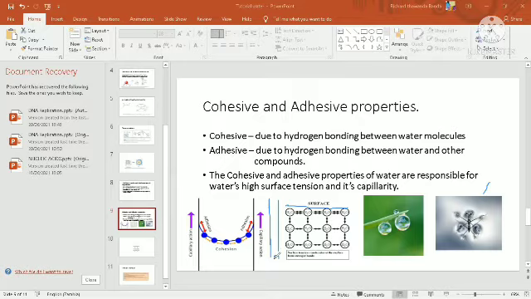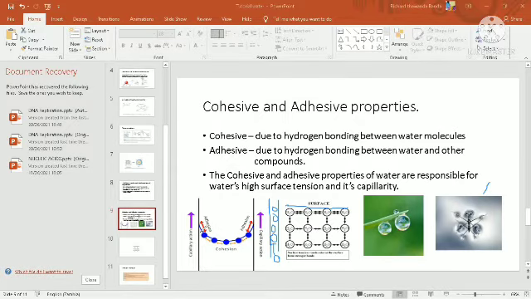So you have that water moving through this narrow tube by means of capillarity. And how it does this is that once one water molecule is drawn in, since it's bonded to another water molecule via hydrogen bonding, it will pull that other water molecule with it. And then you have that upward flow of the water in the narrow tube. And that is what is known as water's capillary action.